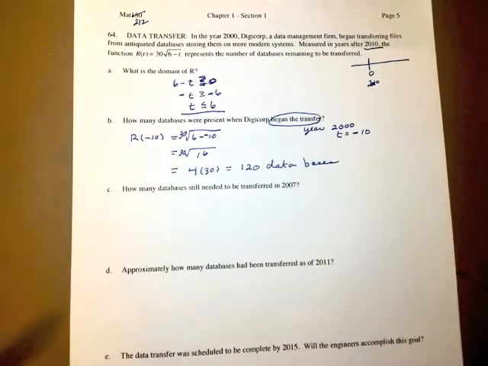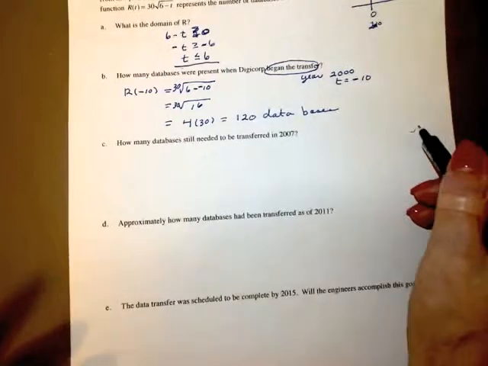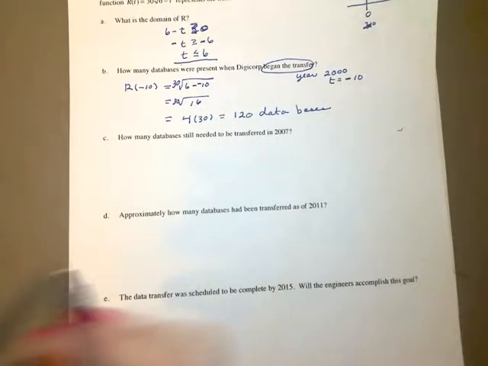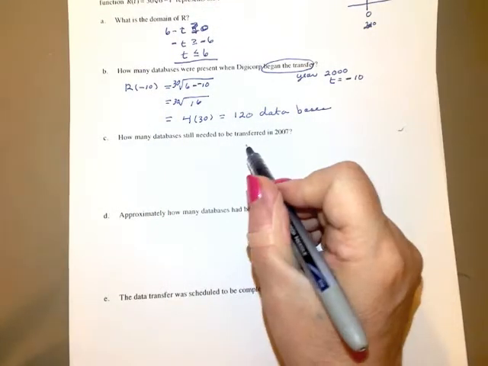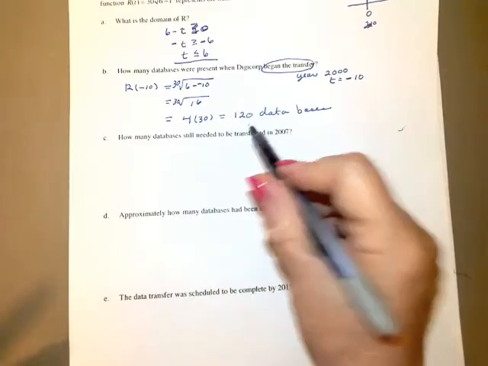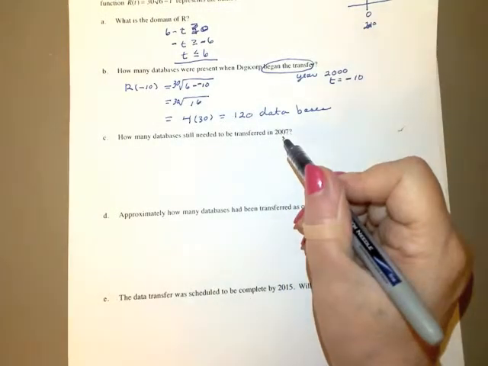So they started with 120 databases, and they are now going to be moving them, hopefully, downward. How many databases still remain to be transferred out of the 120 in 2007?